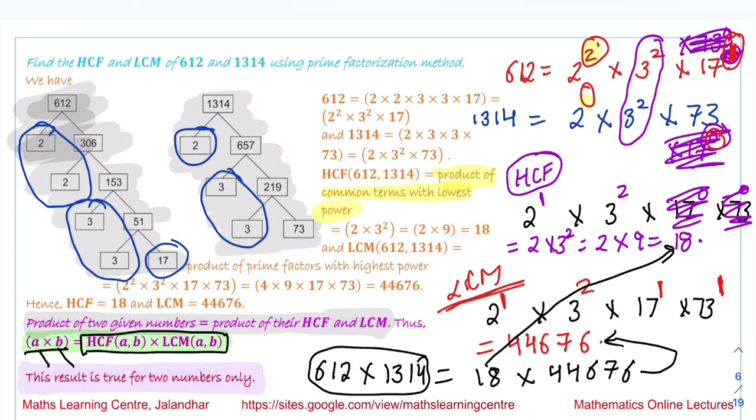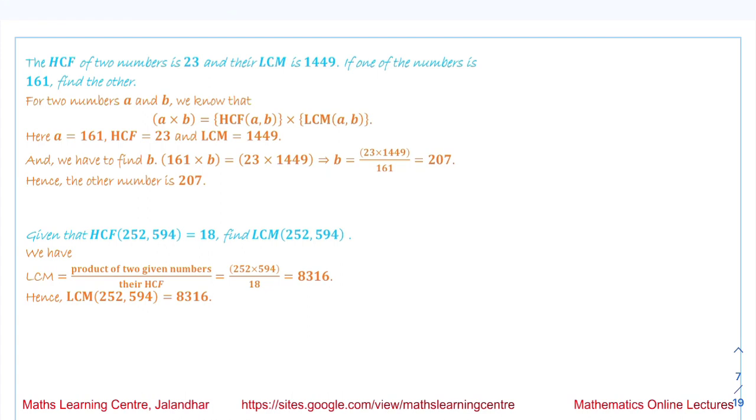So next it is given that the HCF of two numbers is 23 and LCM is 1449. If one number is 161, find the other number. So we have seen this result that A into B is equal to HCF of A, B into LCM of A, B. HCF is 23, LCM is 1449.